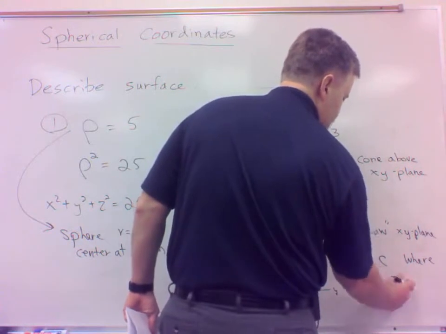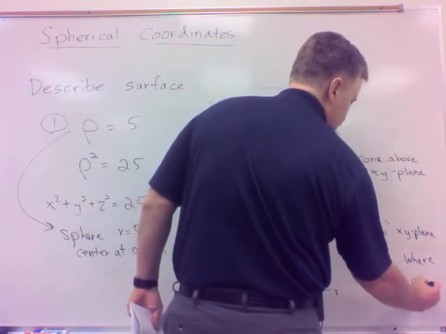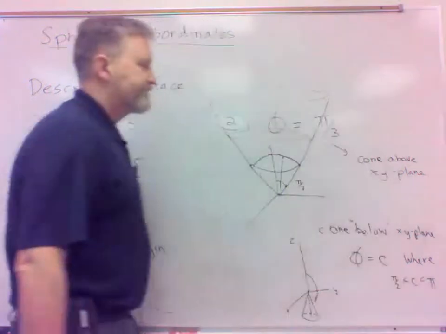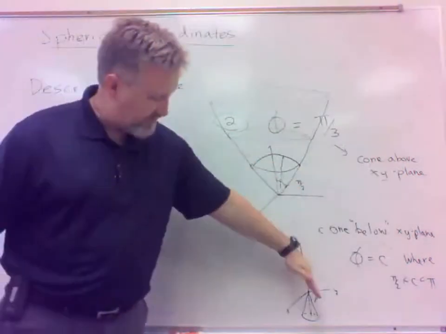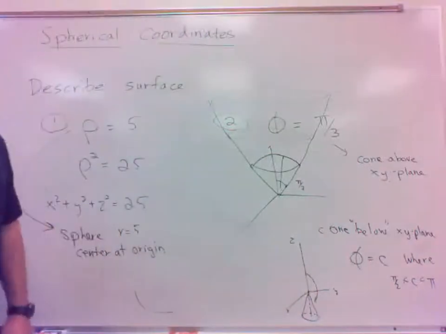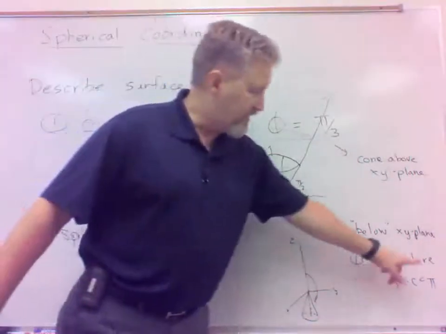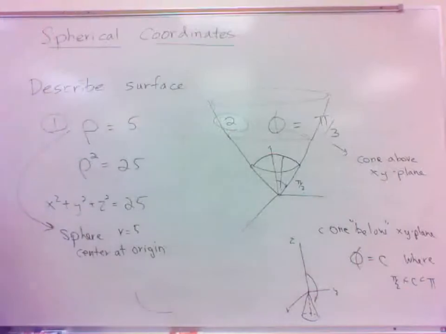That's how you could put this. You're going to go to the xy plane and then just go beyond it. And so phi equals something between pi over 2 and pi would give you a cone below the xy plane, upside down in our normal orientation there.